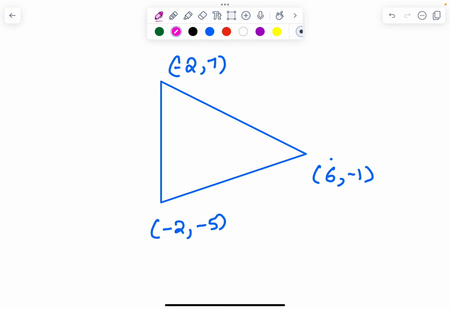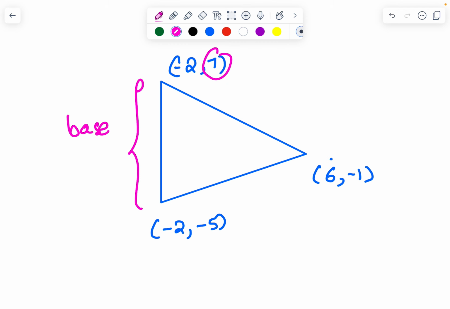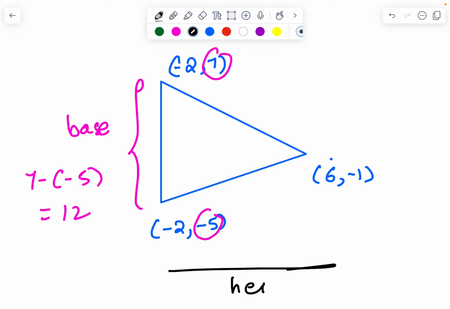So this is going to be the base, the distance between 7 and negative 5, 7 minus negative 5, which is 12. And this is going to be the height, from negative 2 to 6, which is 8.